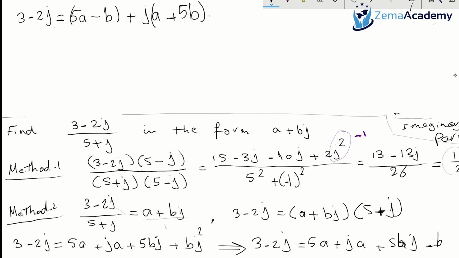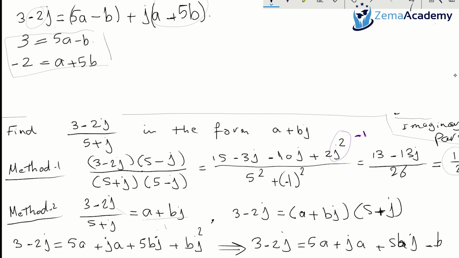So the real part here is 3, which must be equal to the other real part, 5a minus b. And the imaginary part, minus 2, must be equal to the imaginary part of the other complex number, which is a plus 5b.